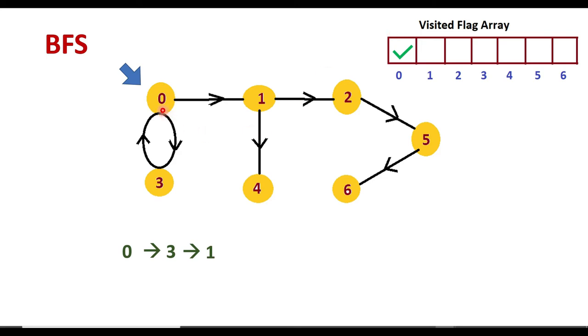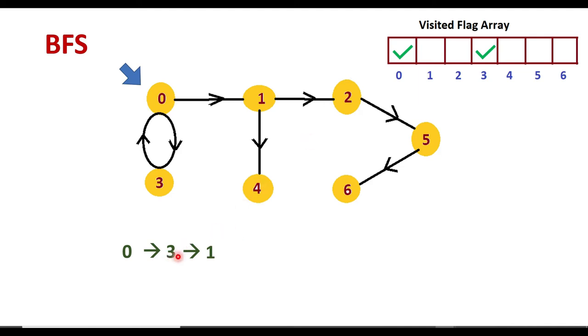Because otherwise what will happen, from 0 to 3 I will go, then 3 to 0, then again 0 to 3, then 3 to 0. That way I will end up in an infinite loop. So as 0 is already visited, I will move to 1, and check which neighbors I can go to from 1. They are 2 and 4.